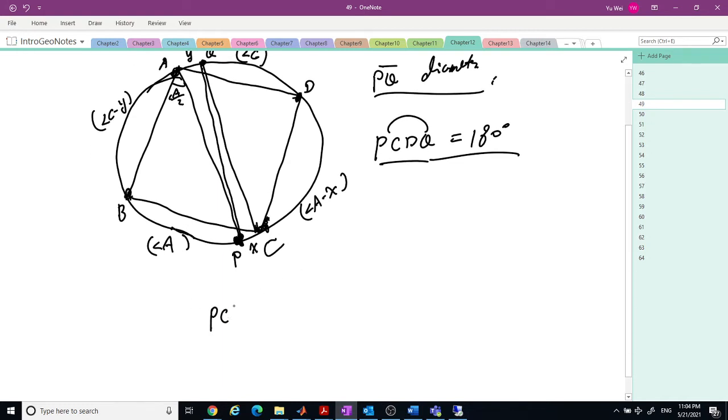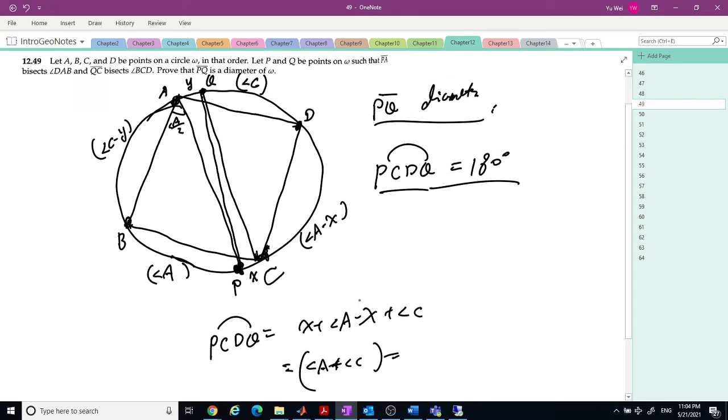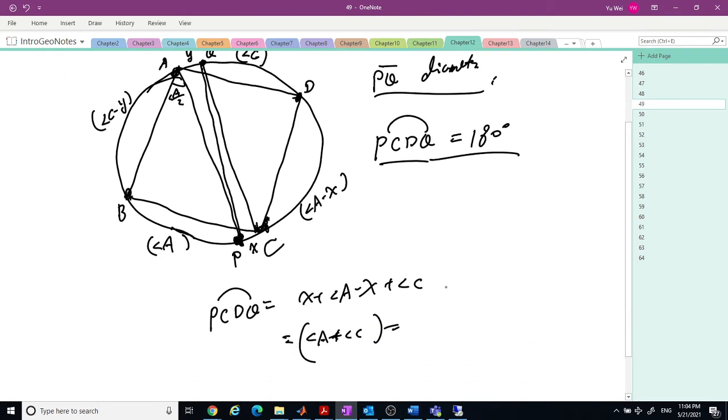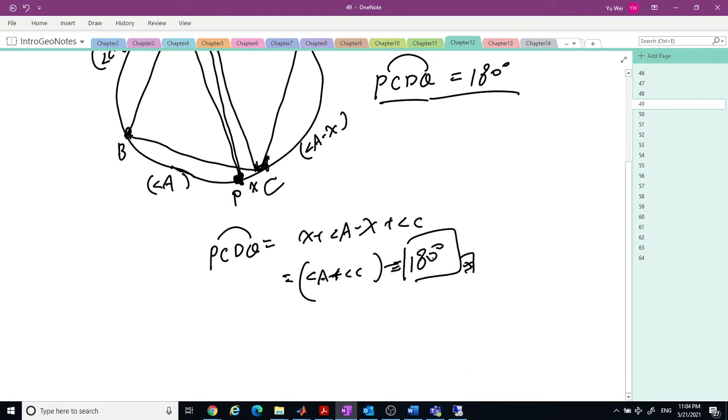The PCDQ arc is X plus A minus X, then plus C, which is angle A plus angle C. But ABCD is a cyclic quadrilateral, which means angle A plus angle C is 180 degrees. So that's why we can see PQ is a diameter.